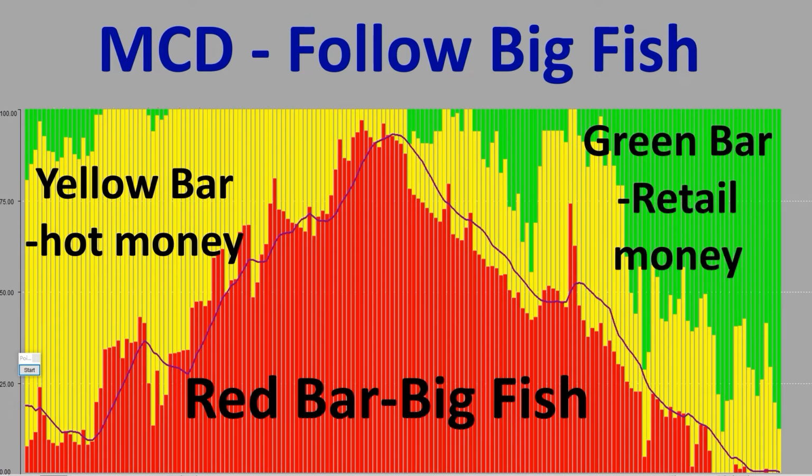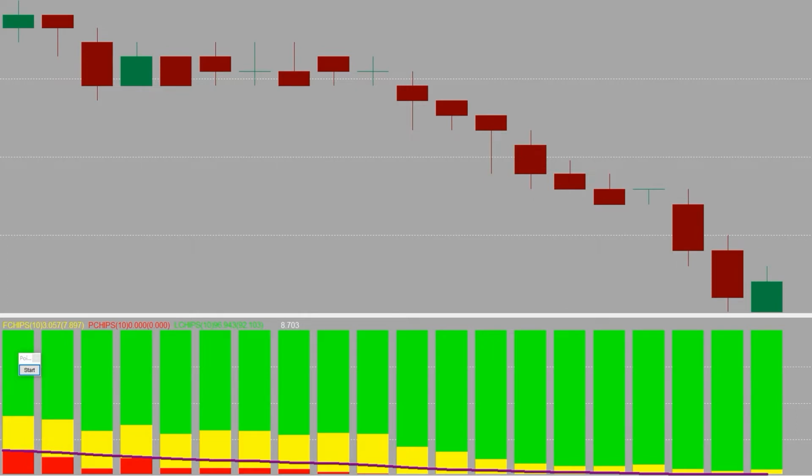But if most parts are green bar, it means currently this stock is played by retail money, by retail investors. The big fish has flowed out already, and the big money is no more, so the price will continue bearish down. So we see examples, then it will be more clear.